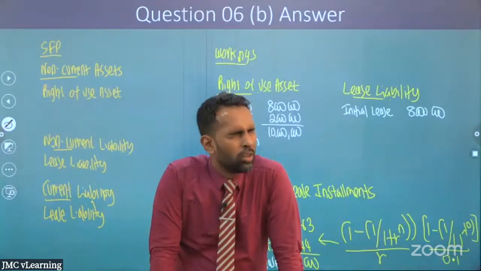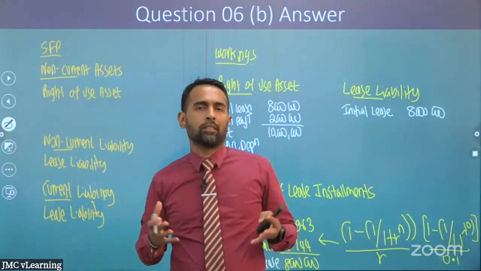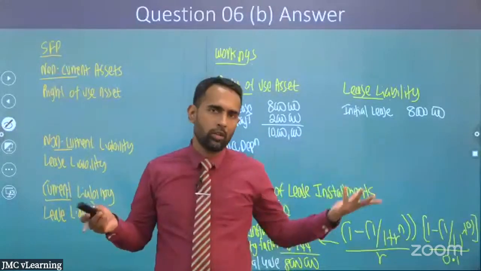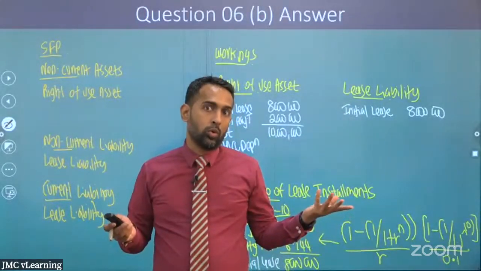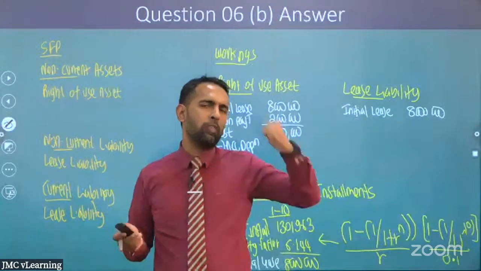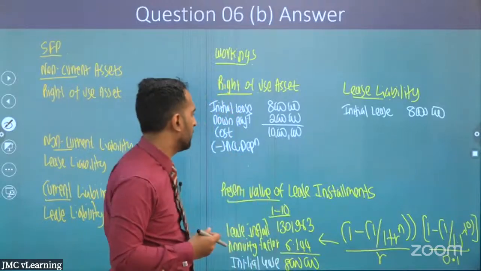You are getting benefit only for 10 years. You are not getting the ownership of the asset after 10 years. So you cannot depreciate the asset over 25 years because you are not getting benefits for 25 years.